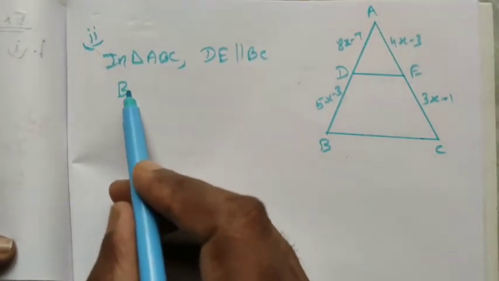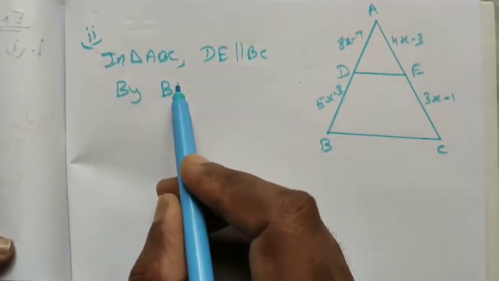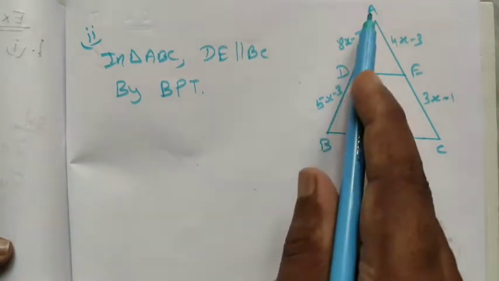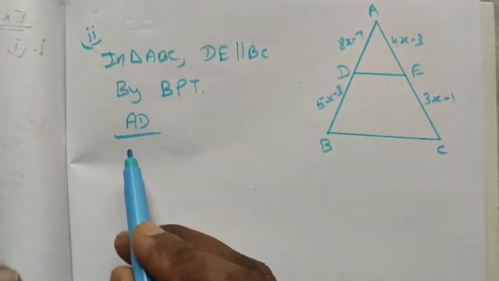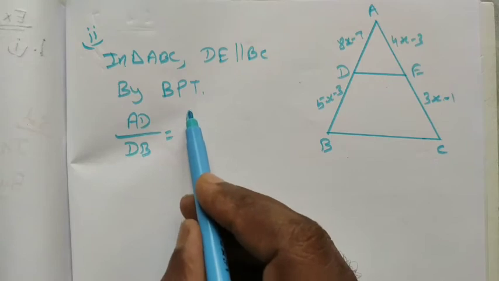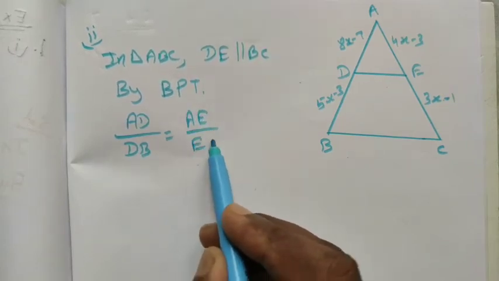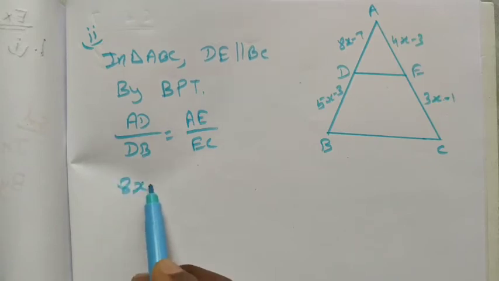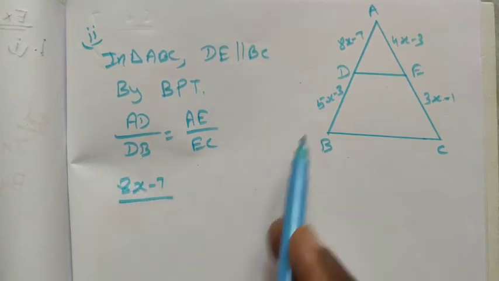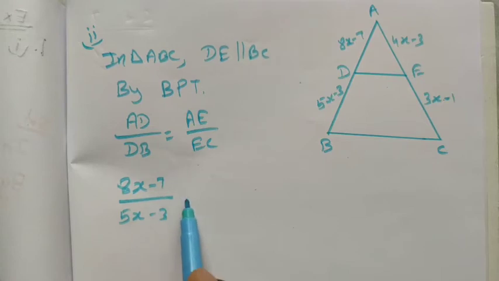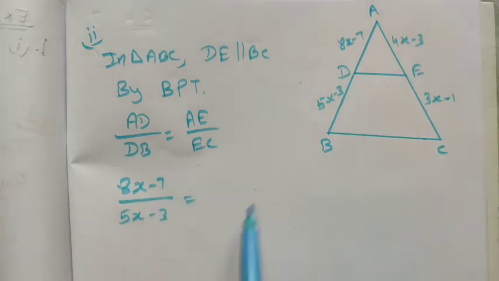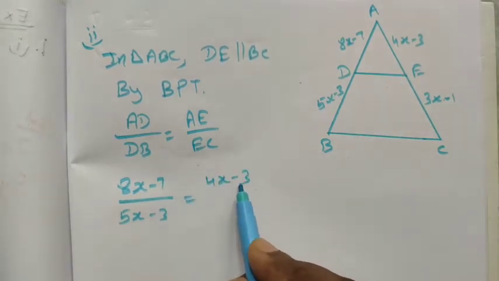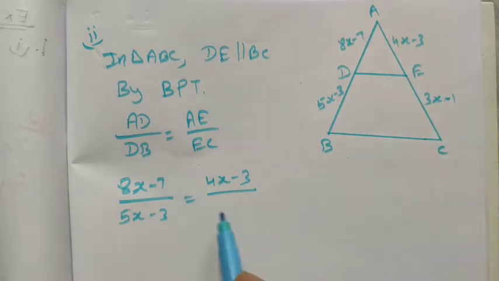By BPT or Thales theorem, the formula is AD divided by DB equal to AE divided by EC. Now apply the given values: 8x minus 7 divided by 5x minus 3 is equal to 4x minus 3 divided by 3x minus 1.